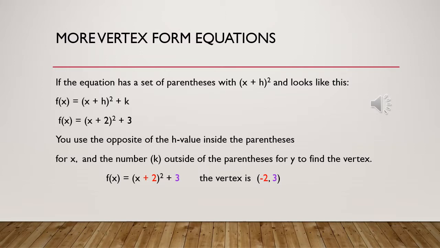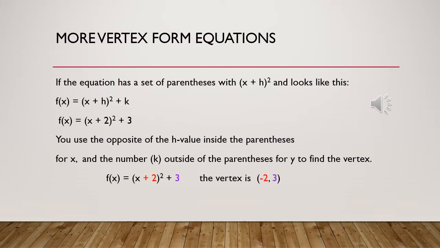Or if I were using numbers, f of x is equal to the sum of x plus 2 squared plus 3. To find the vertex, you always use the opposite of the h value inside the parentheses for x and the number that is given for the k value outside of parentheses for y.